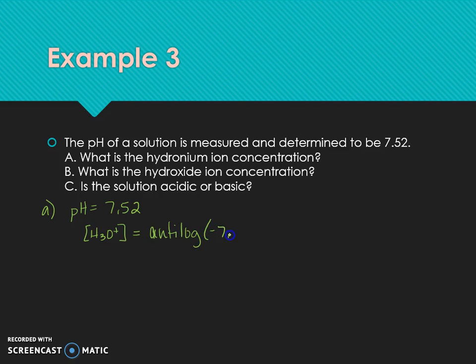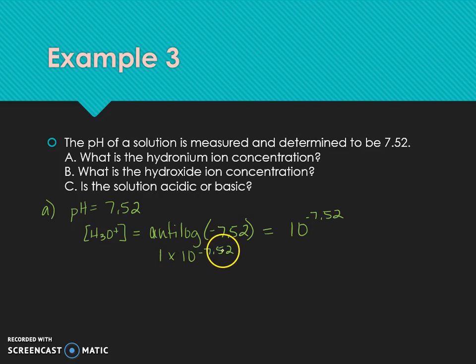of the negative pH, negative 7.52, which we said was the same thing as 10 raised to the negative 7.52 power, right? Well, we're not going to keep it as 1 times 10 to the negative 7.52 because that's not right.